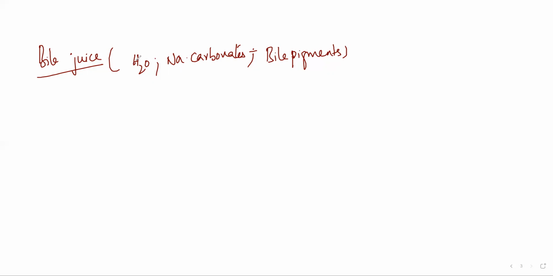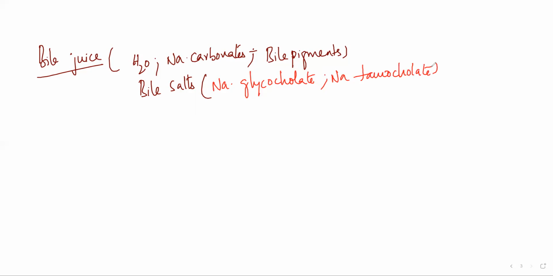And usually the bile salts which are present, let me talk about these now. The bile salts present here are sodium glycocholate, and next we have sodium taurocholate. Bile salts, with the help of monoglycerides actually, help in emulsifying the fats.